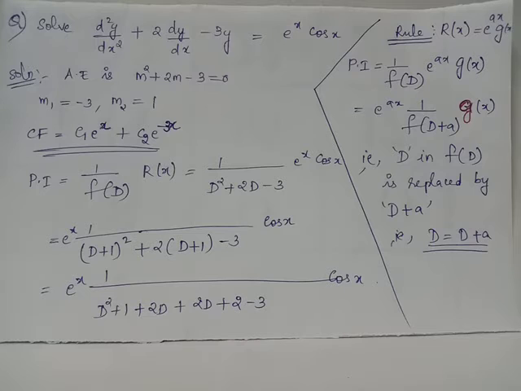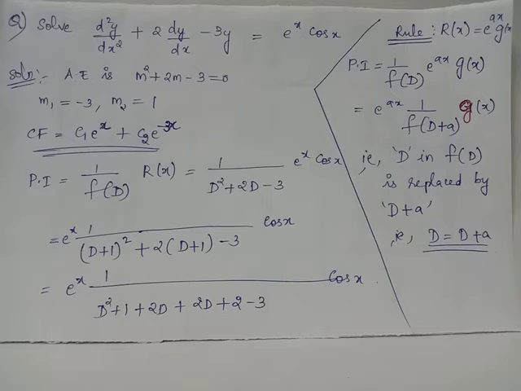By the general rule, to evaluate PI for RHS of the format e raised to x into some function on independent variable x, e raised to x is taken outside the operation, and we have the new operator 1 by f of capital D plus a, which acts on g of x. Here we have g of x equals cos x, and a, the coefficient of x which appears in the power part of the exponential function, equals 1.